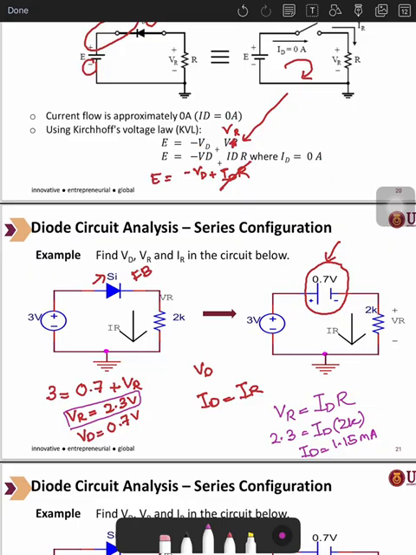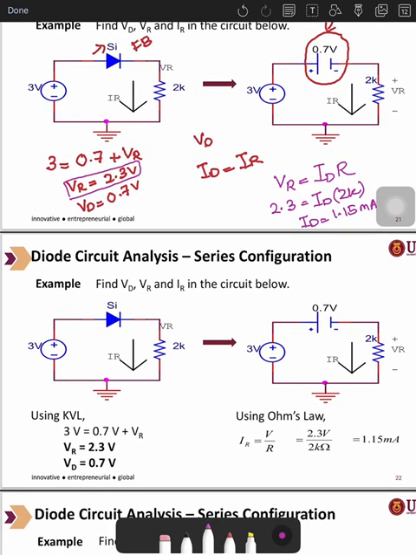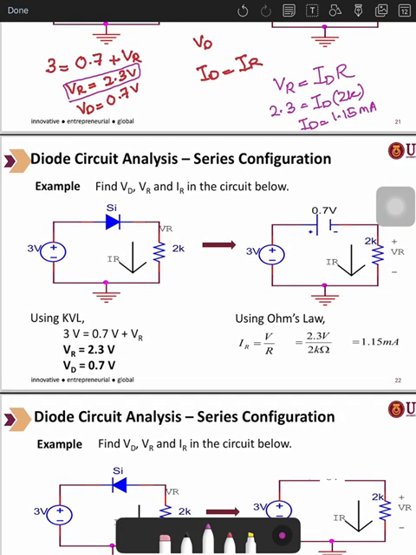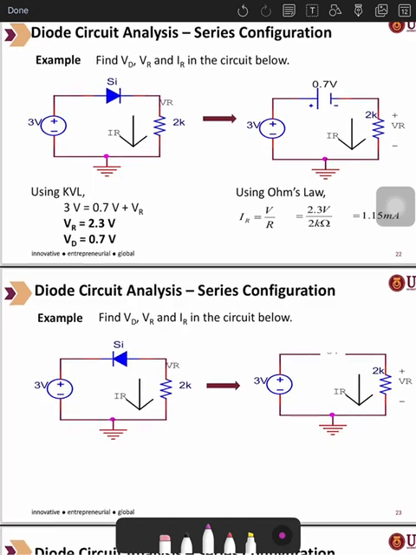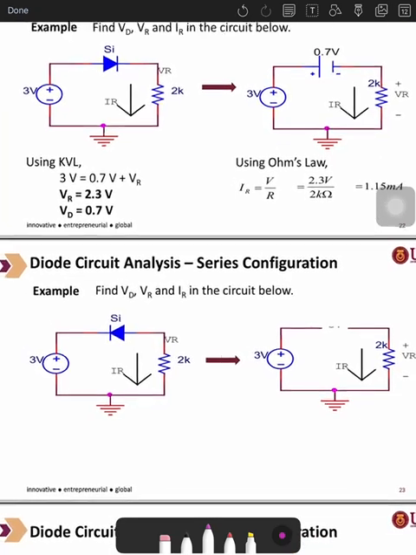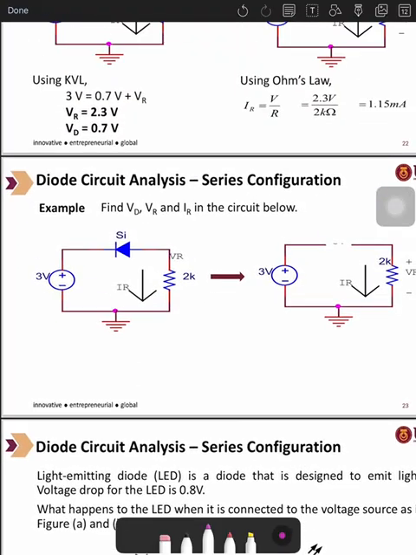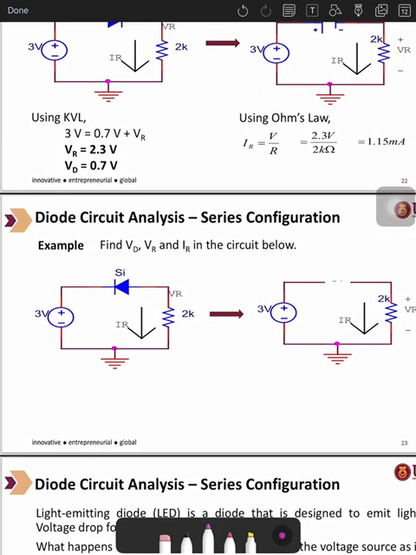So what about this circuit? It is connected in the reverse bias. When it is connected with the reverse bias, automatically the switch is open. There is no current.